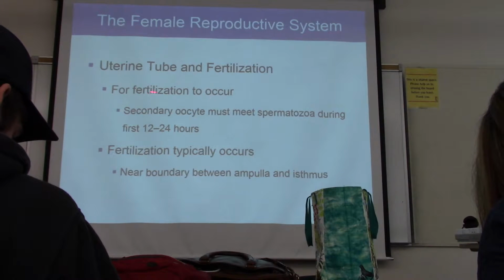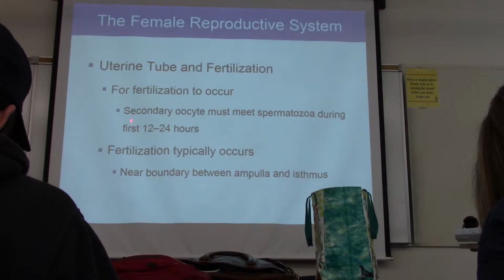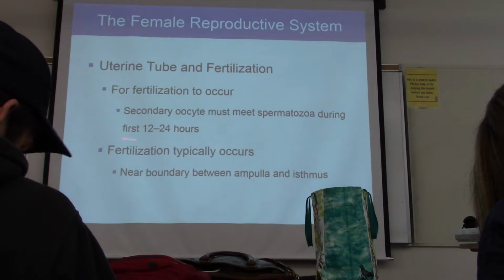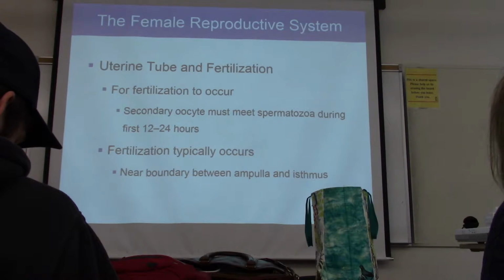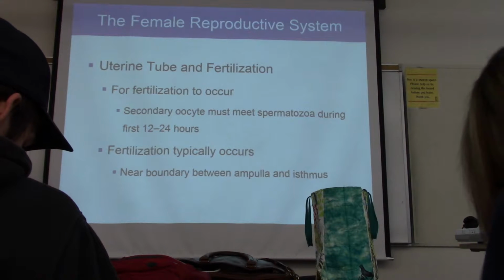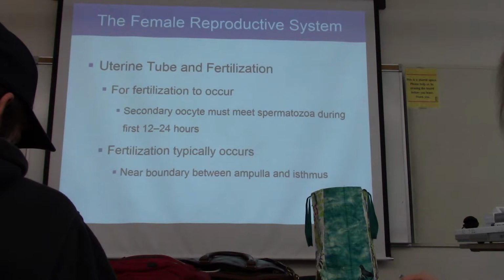For fertilization to actually occur, the oocyte must meet sperm during the first 12 to 24 hours. Now the thing you've got to remember, for those of you who think, oh well, I know exactly what day I ovulated on, so I can have sex any other day of the month, right?